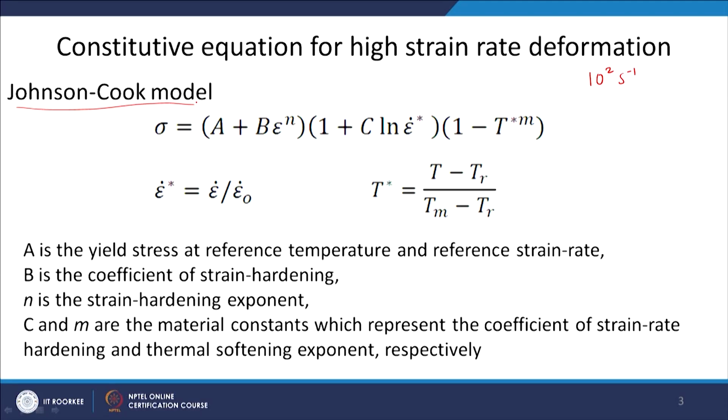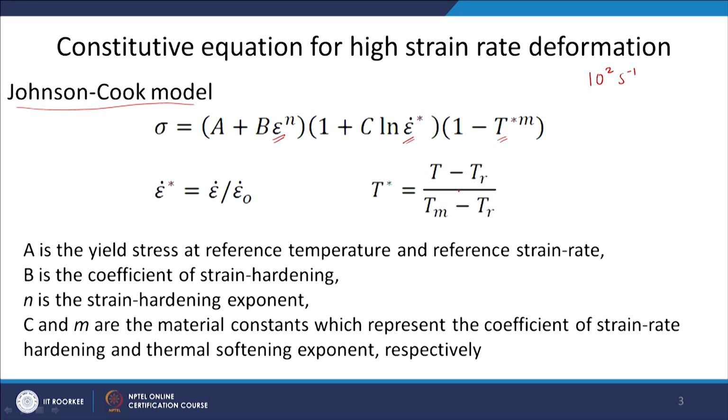If you see here, the stress is dependent on all three parameters. You have a strain and a strain hardening exponent, then you have a strain rate, and then you have the effect of temperature. The strain rate is in the form of strain rate star, which is basically normalizing it with some reference strain rate. Similarly, temperature is normalized here and is used as T star.